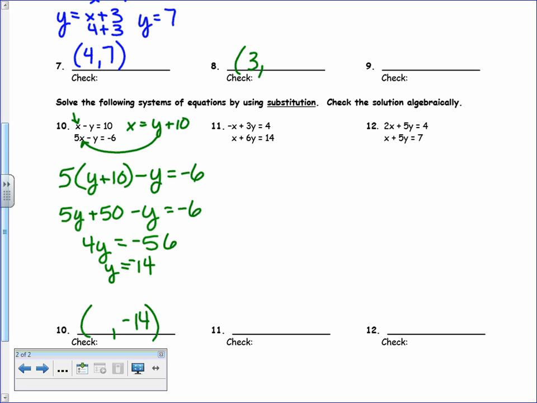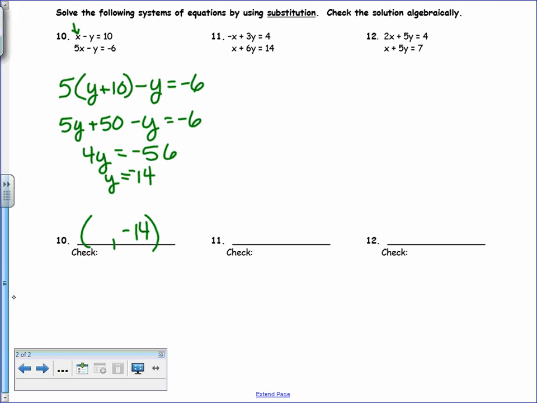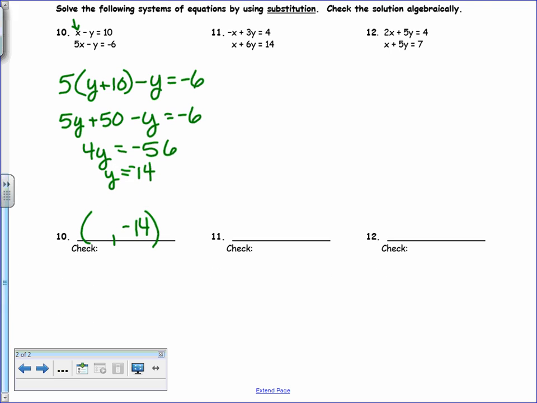And let's see. I can go ahead and substitute this in. I'm going to erase this up here. Well, I have room to check down below on this problem. So let's see. I'm going to say x minus -14 equals 10. Okay, so I have x.